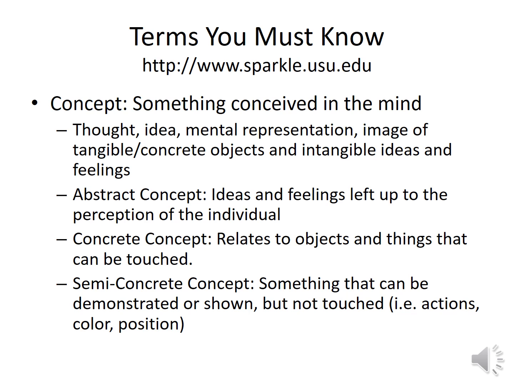A concrete concept relates to objects and things that can be touched and seen and smelled, a sort of multisensory type concept, which makes it far easier for people to understand what it is. A semi-concrete concept, of course, falls between these two. Something that can be demonstrated or shown but cannot be touched, such as actions, color, and position.